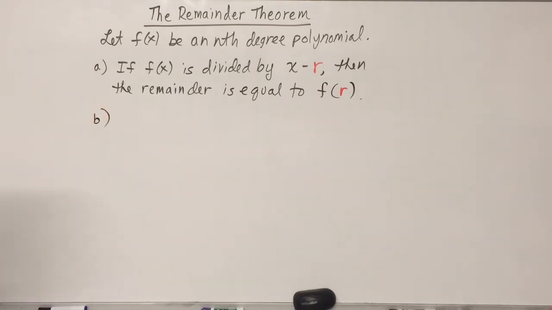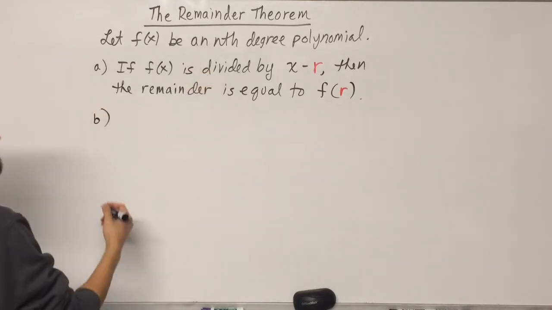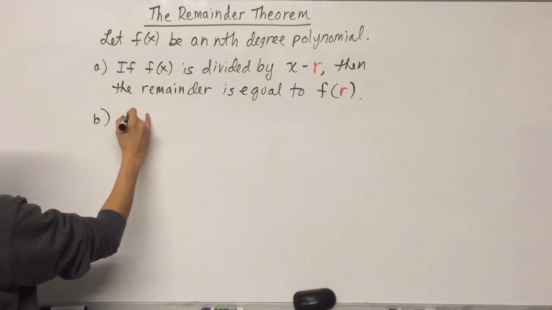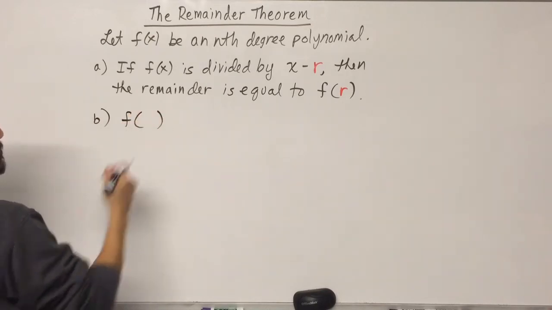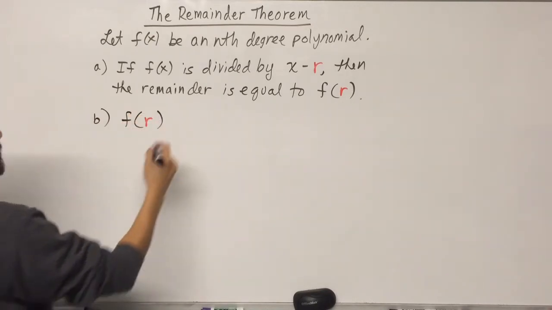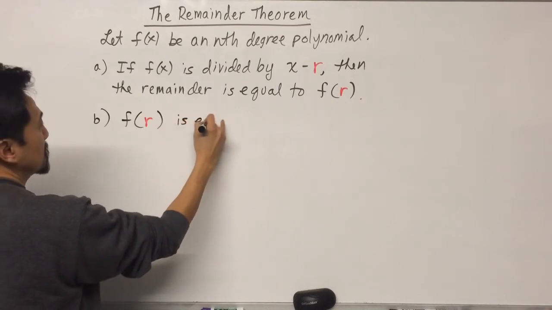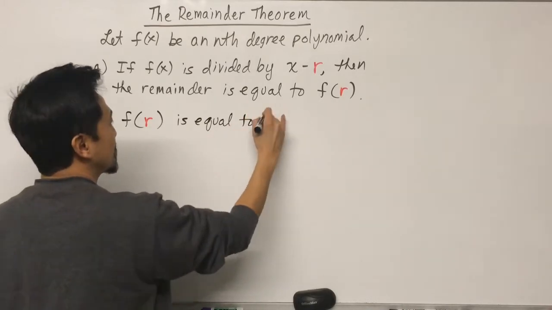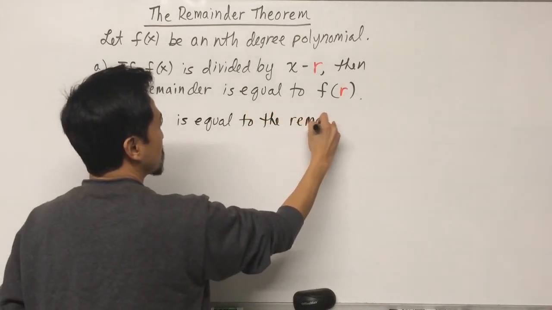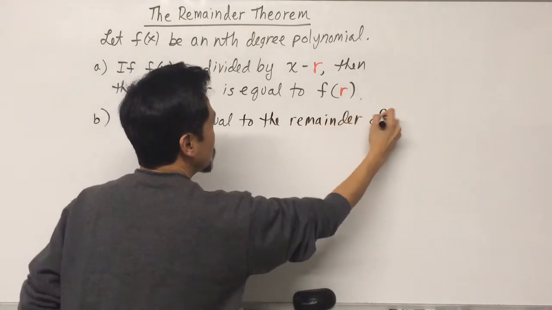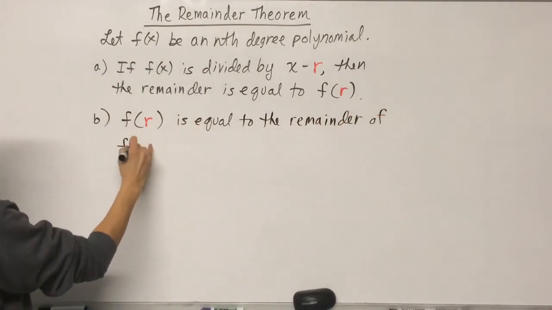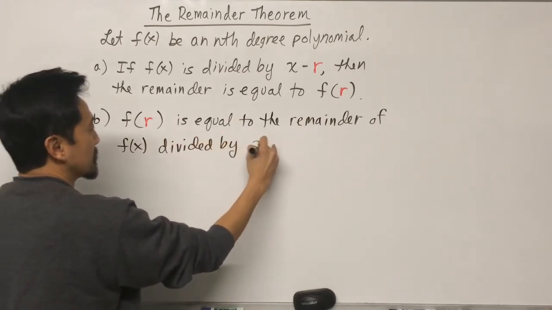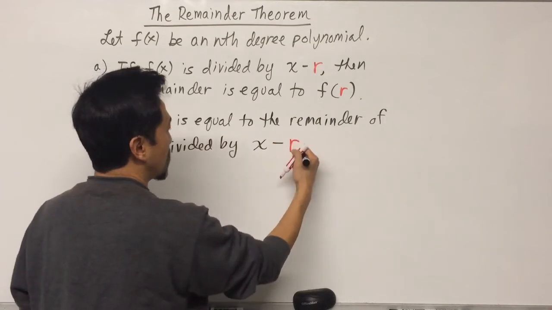Now, we can also turn this statement around. Okay? We could say that f of r is equal to the remainder of our polynomial f of x divided by the first degree polynomial x minus r.